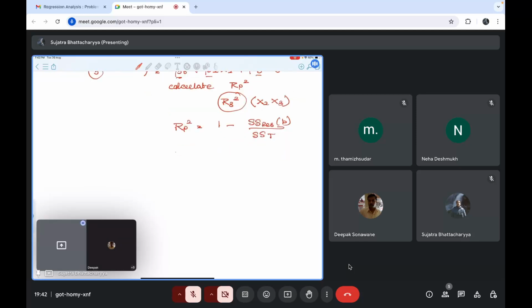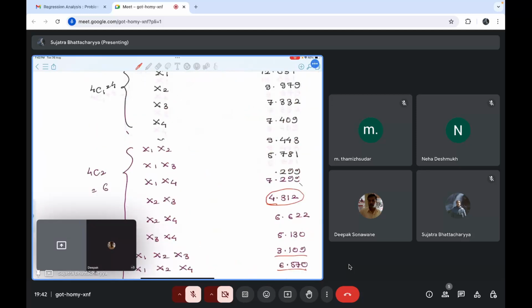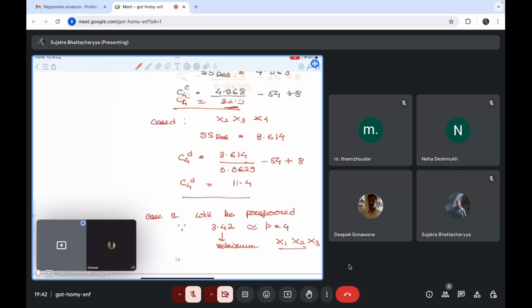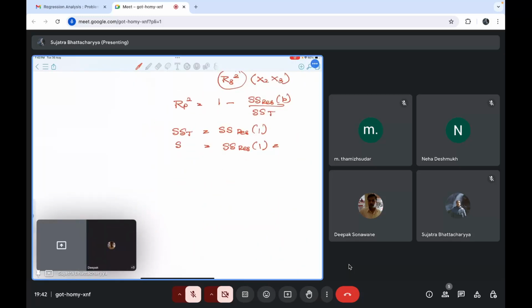Again, we will calculate SST as SS residual of 1, which is given in the question very clearly: when there is no regression in the model, that is P equal to 1, its SS residual is 12.208. And that is nothing but your SST. So 12.208, right? Okay. I have already shown how we are arriving at this.